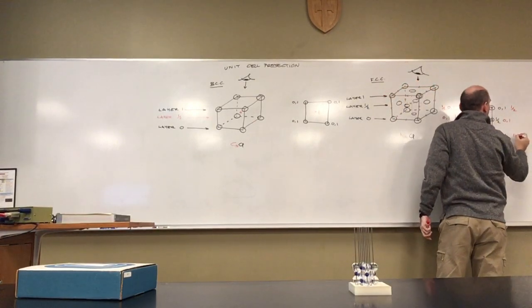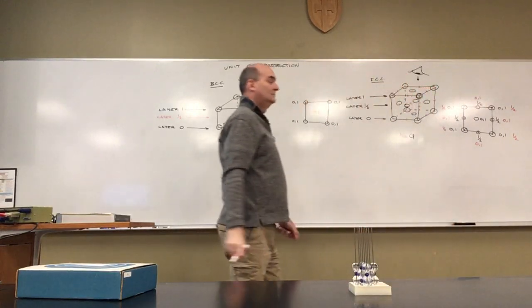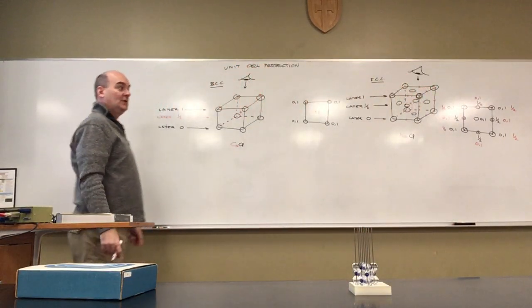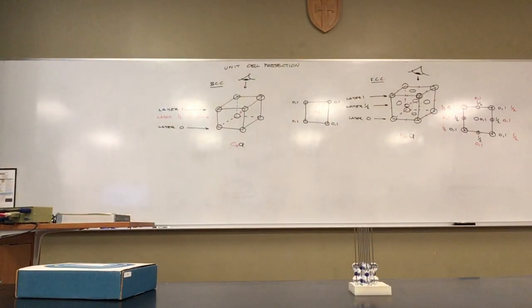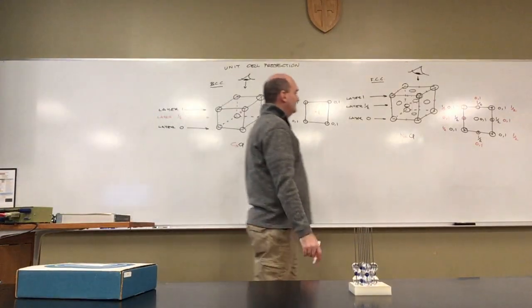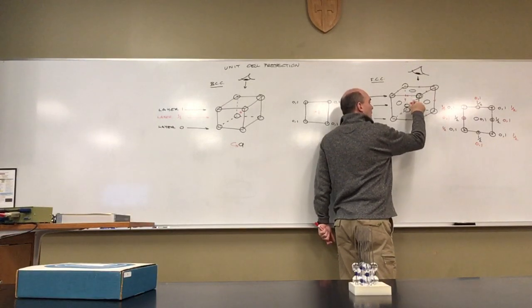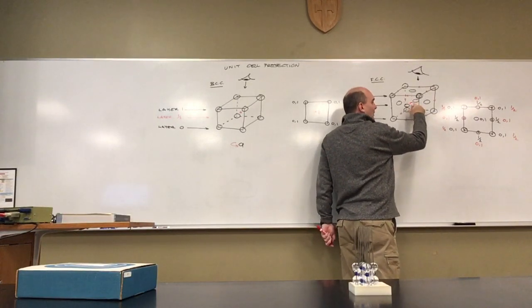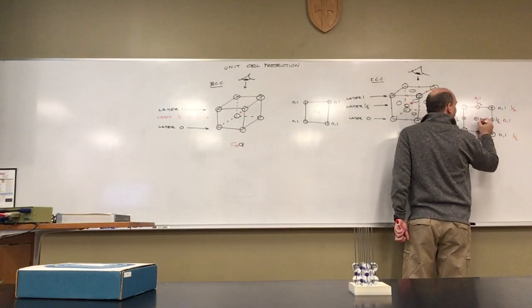This dot is at the half, and that dot is at the half. Which leaves us only 1 dot remaining. Which dot is that? This one at the center, the body center of the unit cell. That sits here.